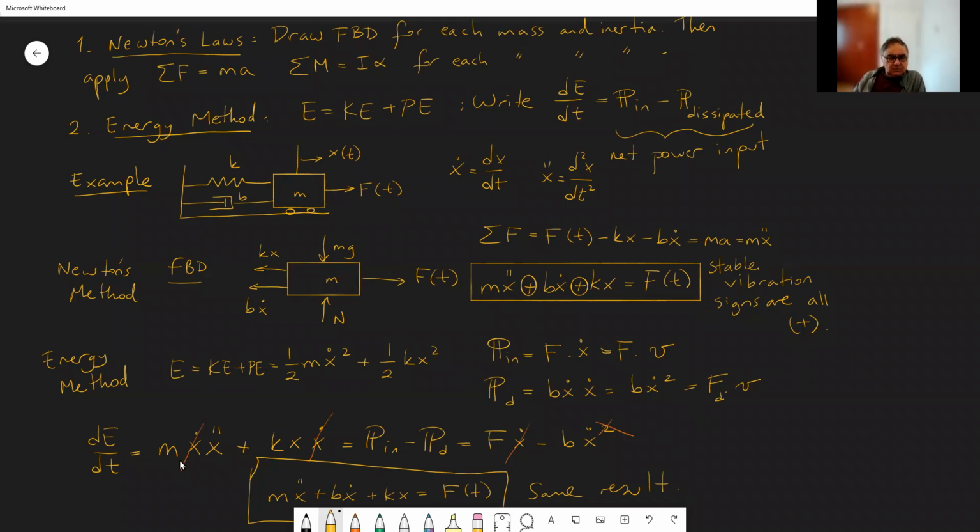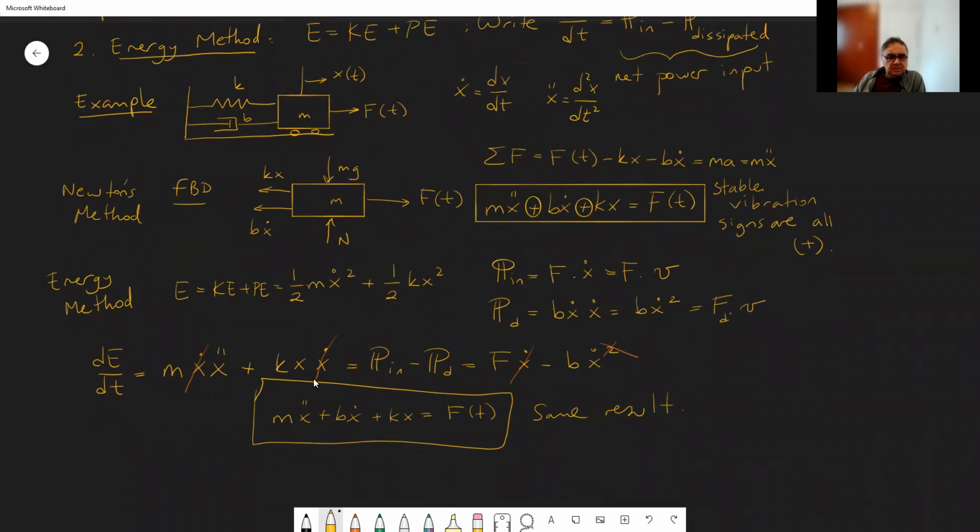And if you substitute everything in, you have x dot in all of the terms, so you cancel them, and you get the same equation as you should. There shouldn't be a difference, obviously, between those things. So this is where we had stopped the last time.